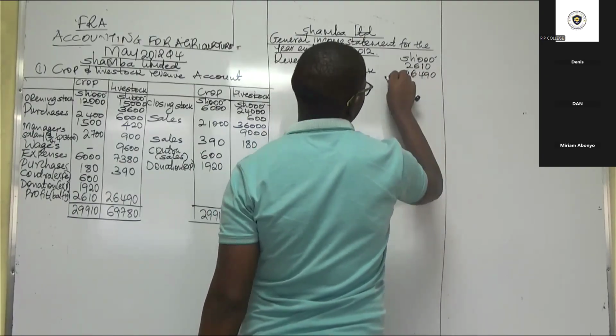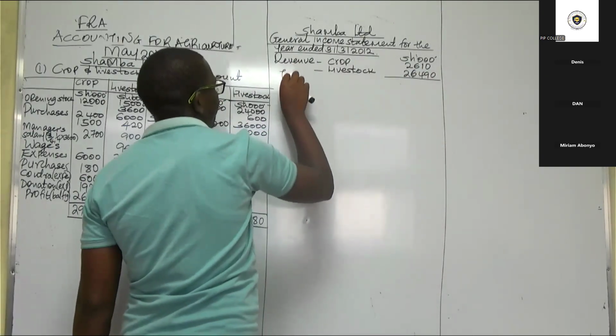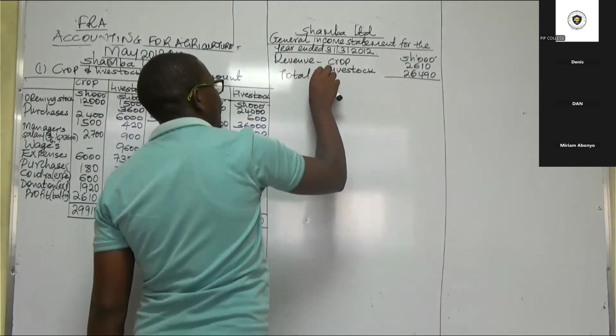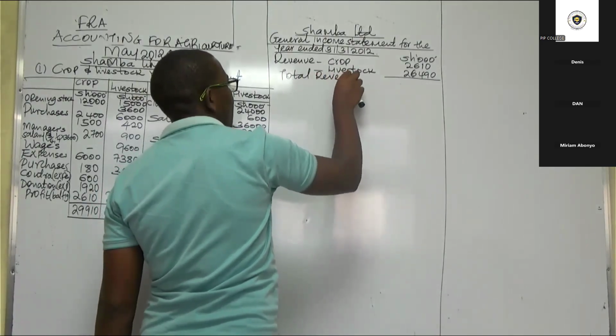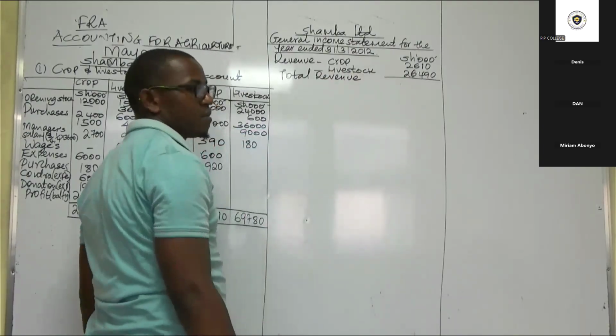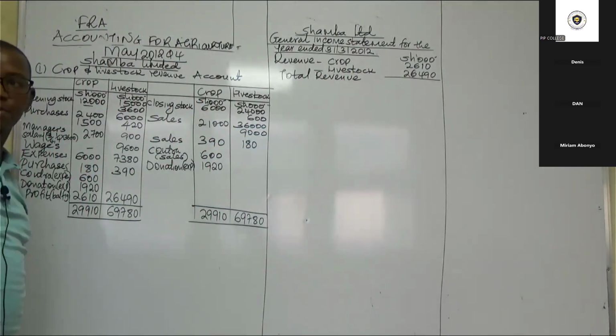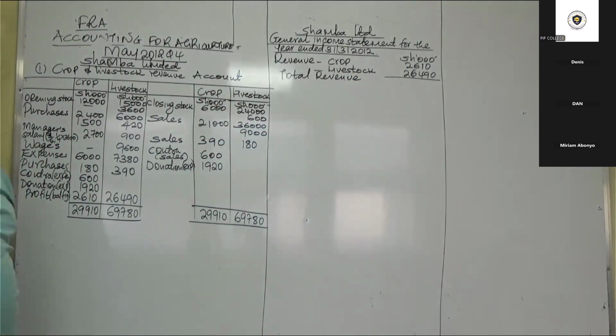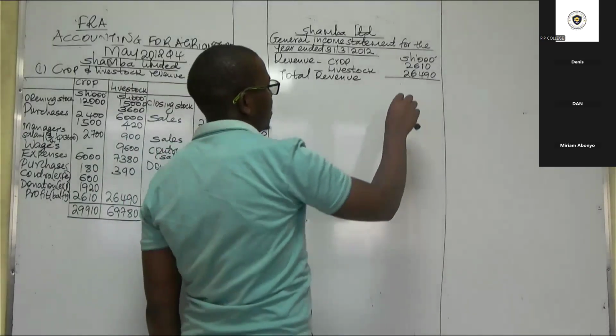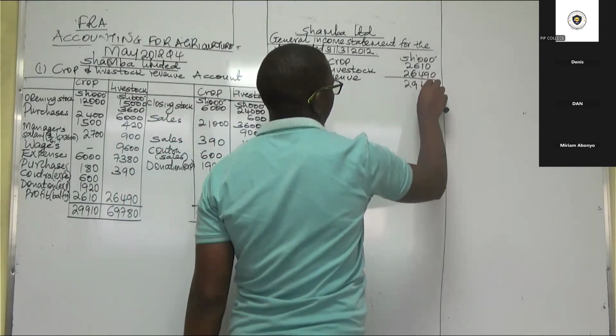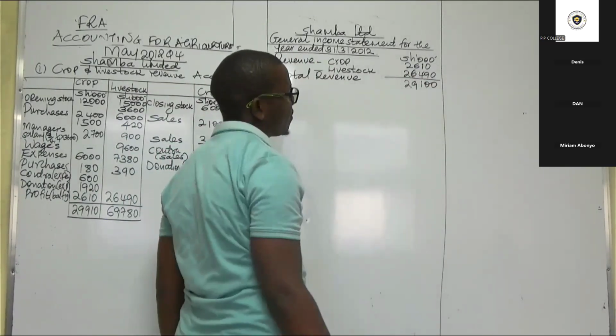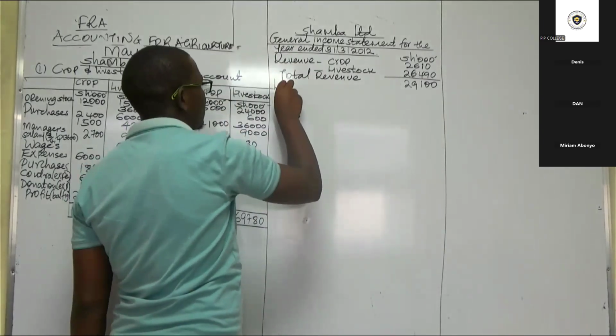If you get the total, what is the total revenue? 29,100. So we less expenses.